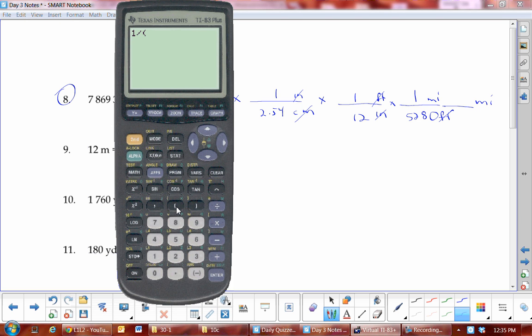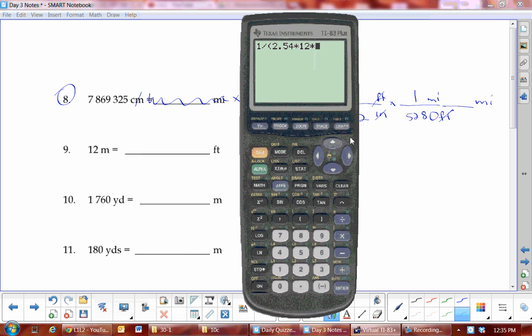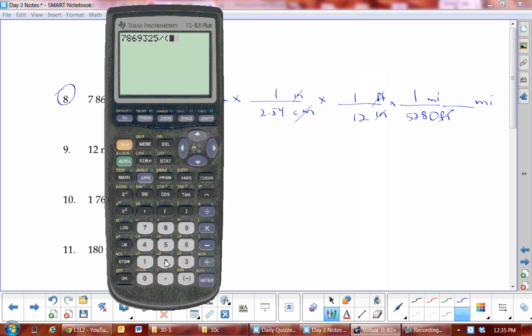So you have to go 2.54 times 12 times, oh, what am I doing? I should actually put 7, 8, 6, 9, 3, 2, 5 is up top still, isn't it? That's all divided by 2.54 times 12. Hopefully we get the right answer.